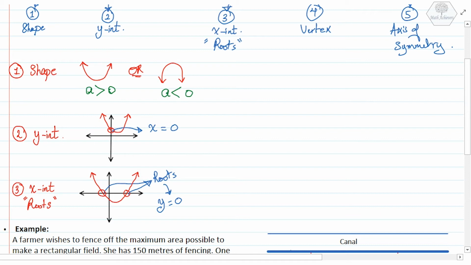So now we knew the shape, the y-intercept, and the roots. The fourth thing now is the vertex.